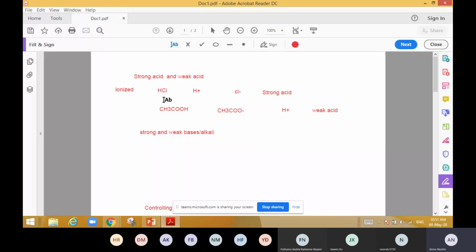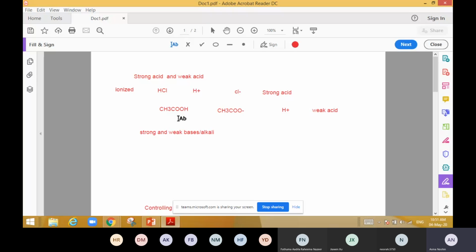Over here, see, if you see this compound, this is known as acetic acid. If you see this compound, it has non-metal in it, metalloid in it, and metal in it. That means this is a mixture of all the things together. So this type of compound is considered a weak acid.